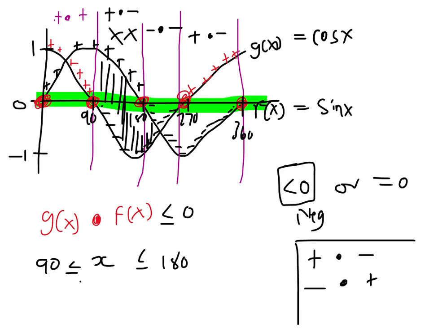And we're also including this because when x is 90, the product is 0, because here they said less or equal to, so you must be consistent with that thing, right? So you must always say less or equal to.